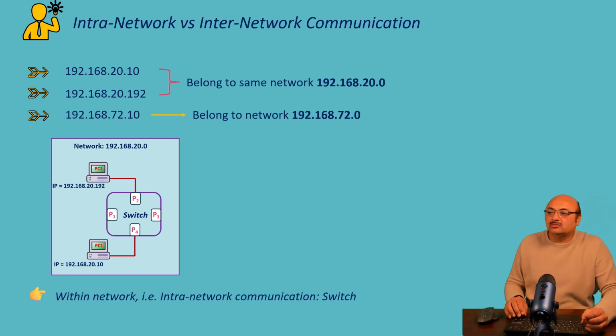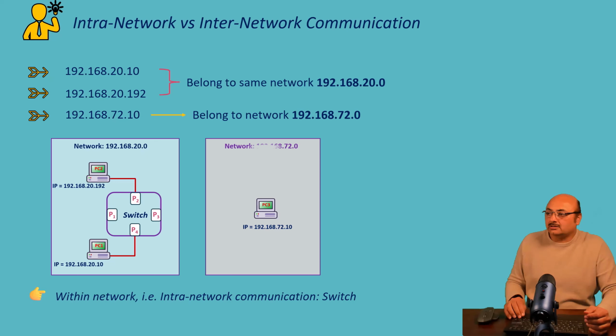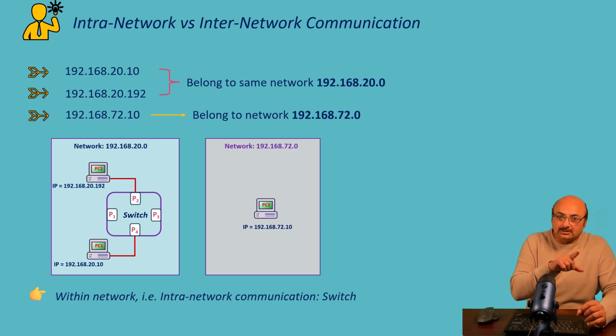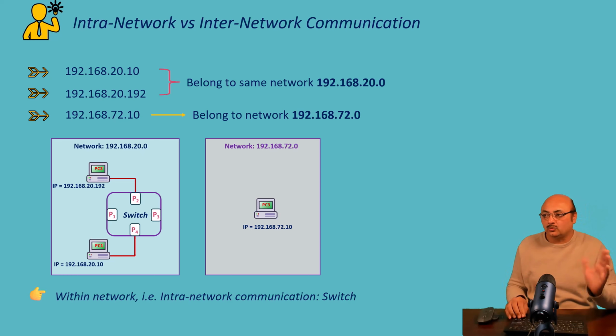The IP address 192.168.72.10 belongs to a different network. That network is 192.168.72.0. So PC3 here, having IP address 192.168.72.10, belongs to the network 192.168.72.0, which is different from the left network, which is 192.168.20.0.